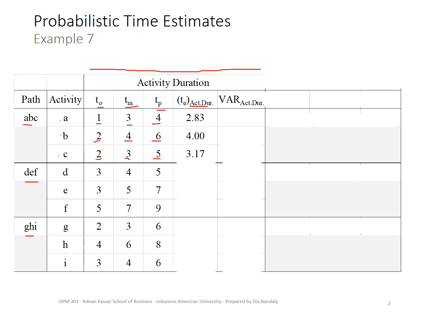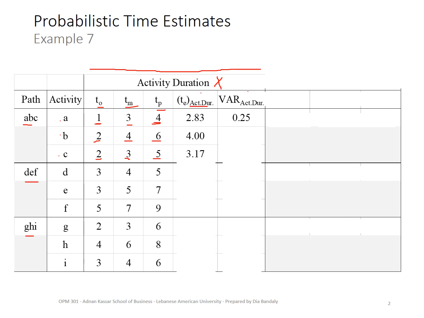Now let's find the variance of the activity duration. Remember, the activity duration is a variable, for example, call it x. It's a variable that has a mean and it has a variance. So let's find the variance of this one. The variance is TP minus TO, squared, over 36. So 4 minus 1, 3 squared, 9 over 36, 0.25.